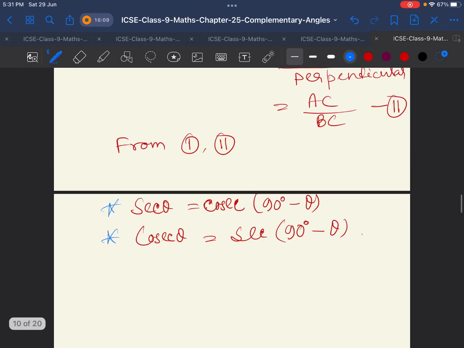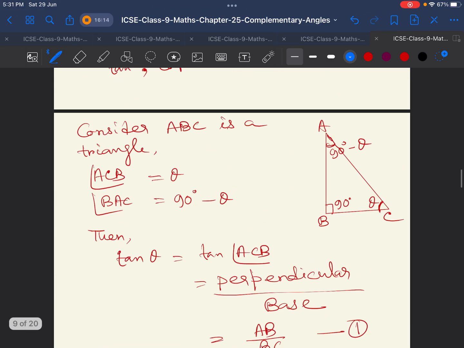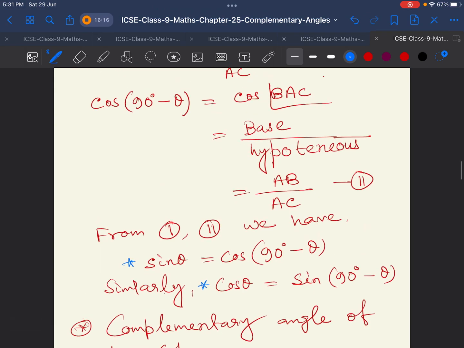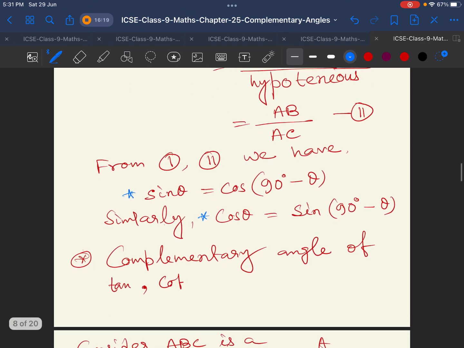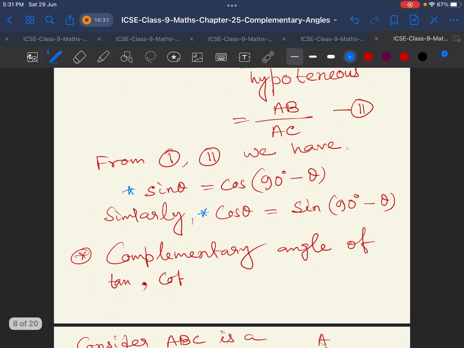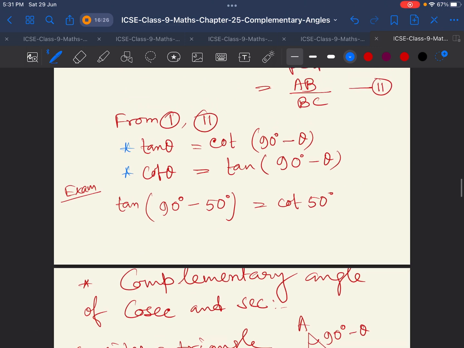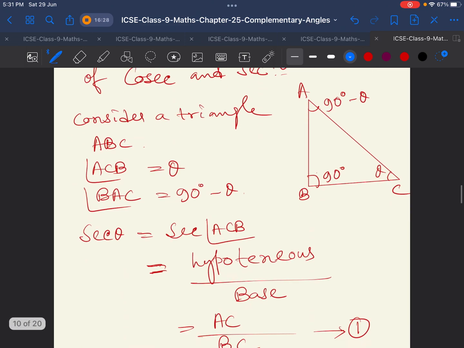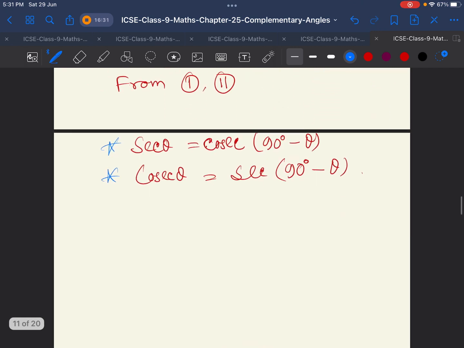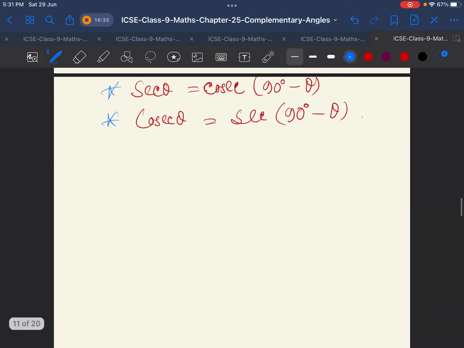Okay, so first we got sin theta equals cos of 90 minus theta, and cos theta equals sin of 90 minus theta, and tan theta equals cot of 90 minus theta, and cot theta equals tan of 90 minus theta, and cosec theta equals sec of 90 minus theta, and sec theta equals cosec of 90 minus theta. Okay, now let's start exercise 25.